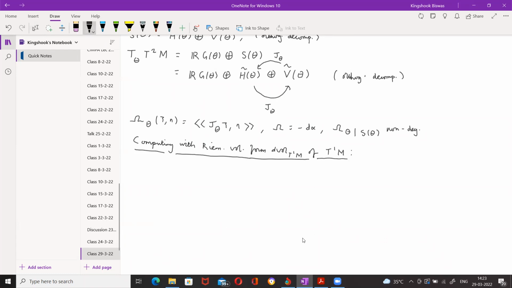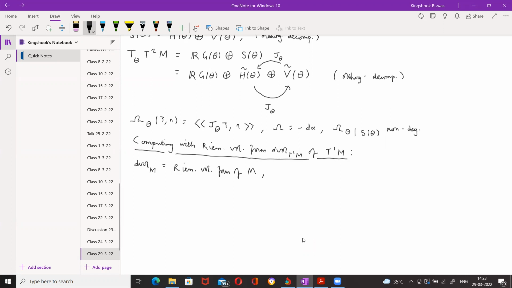First of all, how do we compute the Riemannian volume form of M? So if d vol M is equal to the Riemannian volume form of M, let's assume M is orientable, right? It's an oriented manifold, so we can talk about the Riemannian volume form, right?